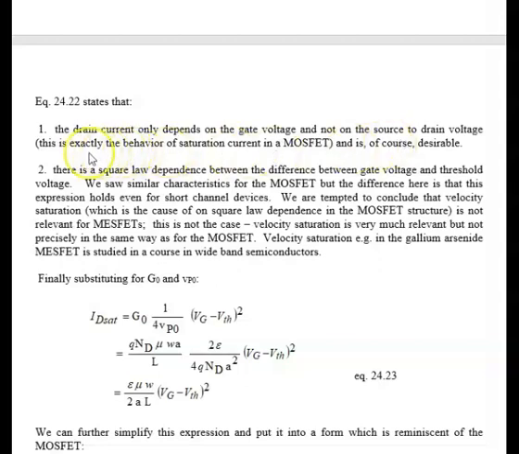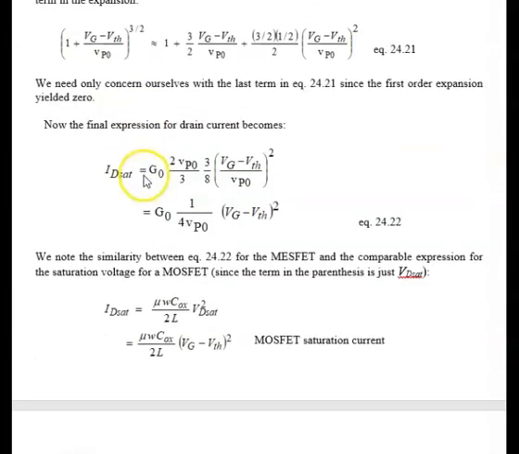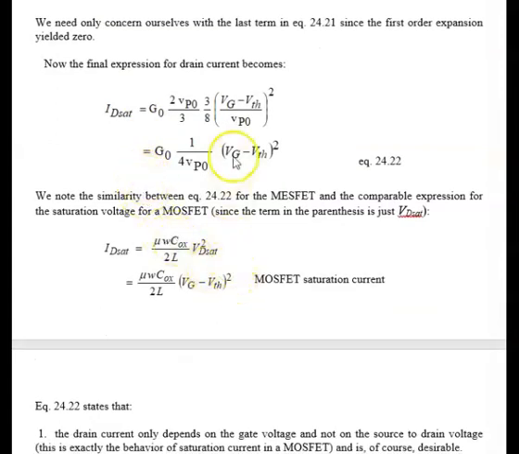But that's exactly the kind of behavior we had for the saturation current in a MOSFET, and that is, of course, very desirable. That is where we want to be. And there also is a square law dependence.